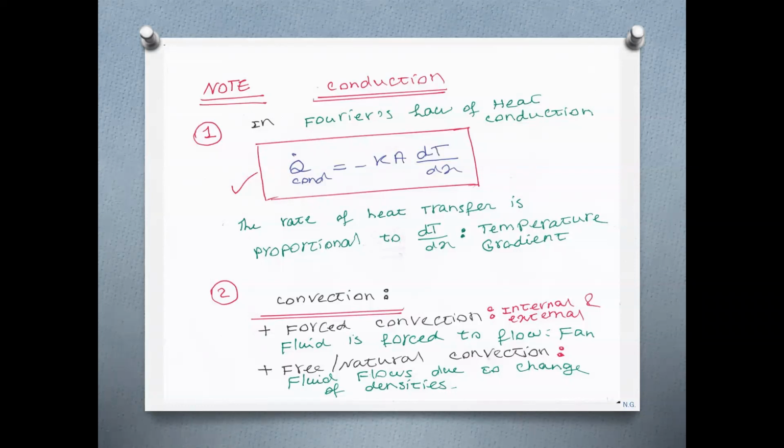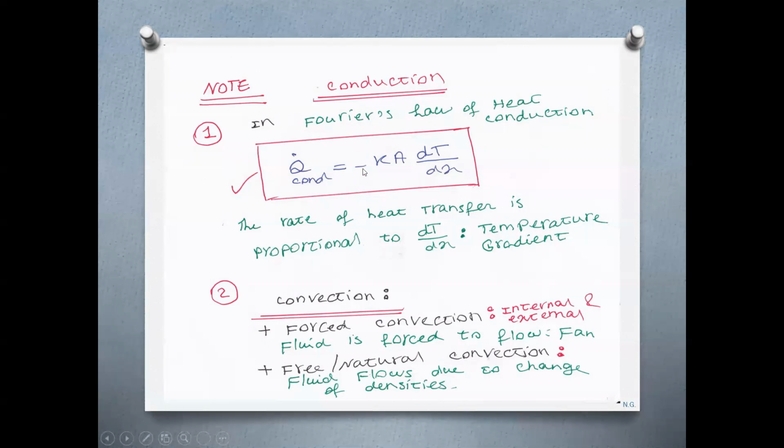If you take the derivative of temperature with respect to x, multiply by the area of the wall, multiply by the conduction coefficient, that is a coefficient that depends on the material the wall is made of, then that gives you the rate of heat transfer.